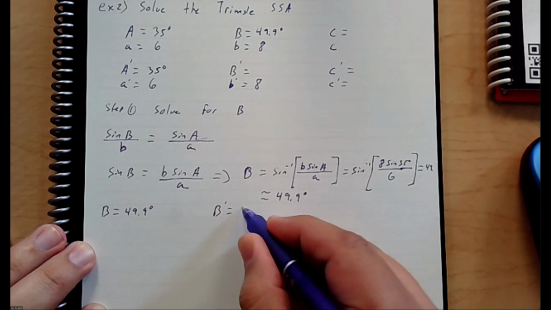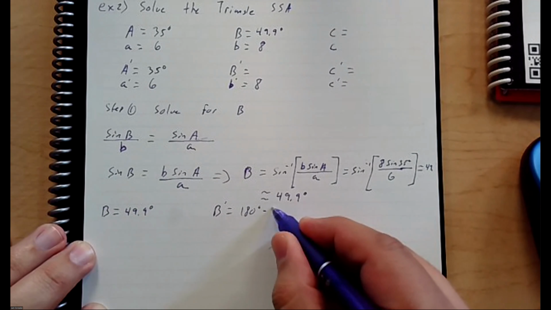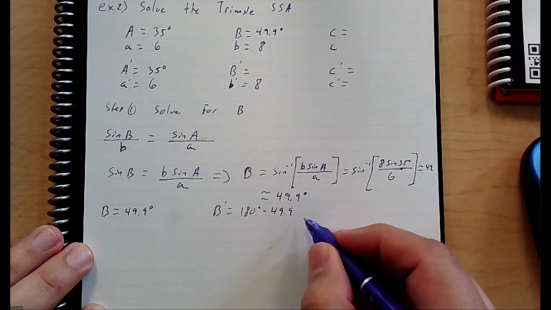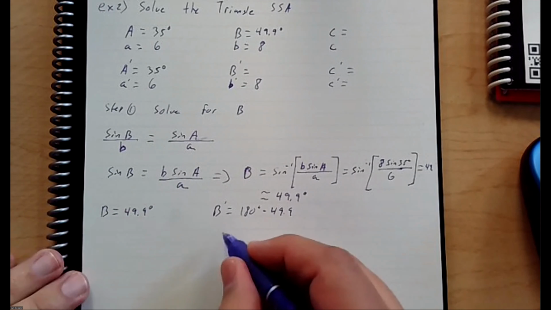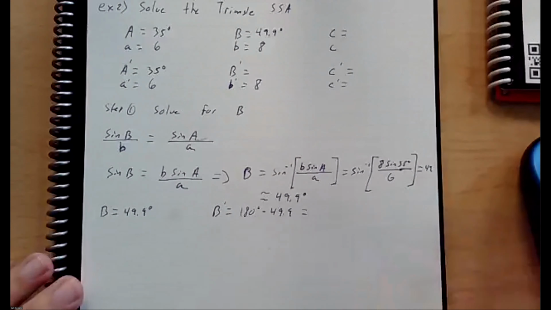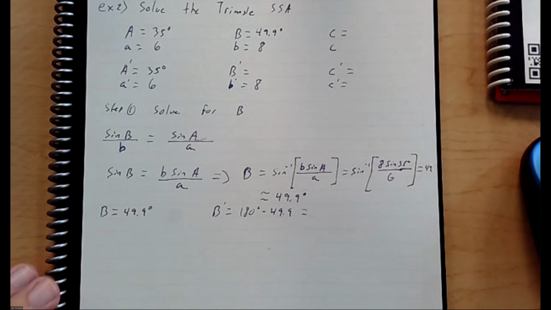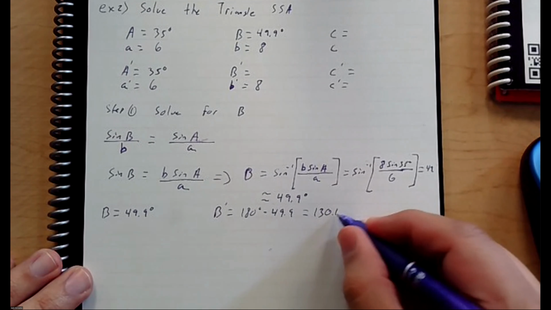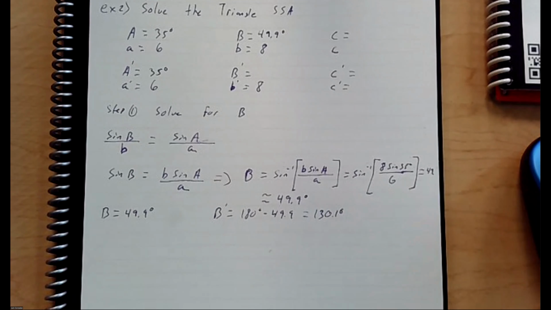B prime would equal 180 minus that, which will be 130.1. You guys still with me up to this point? I skipped a couple steps here to save space.